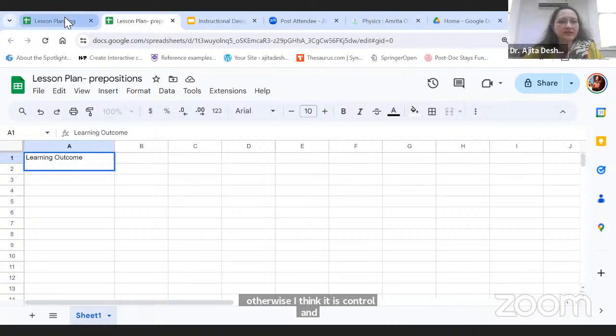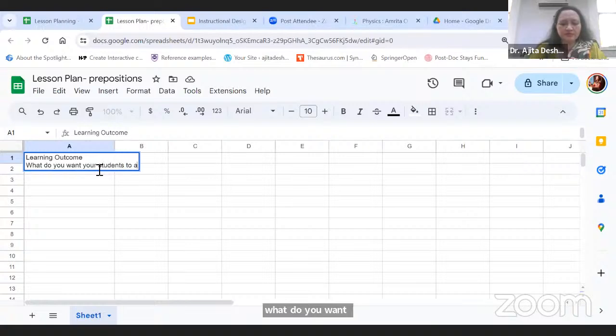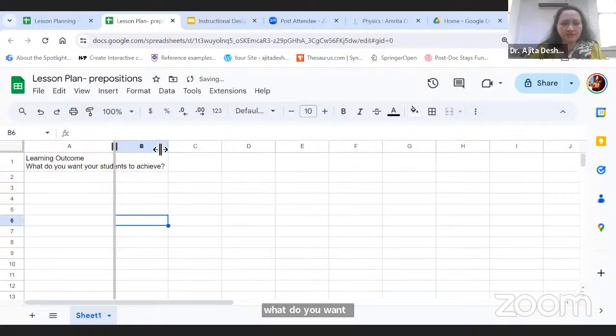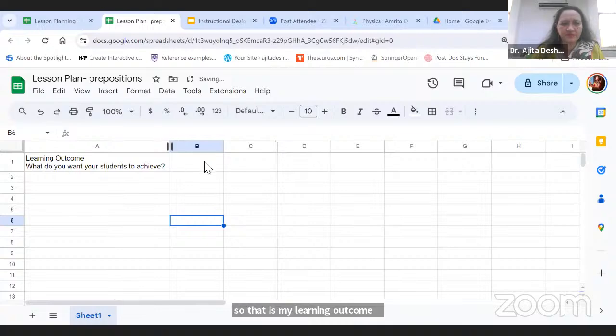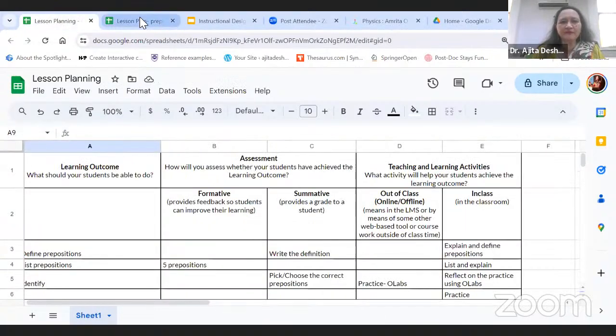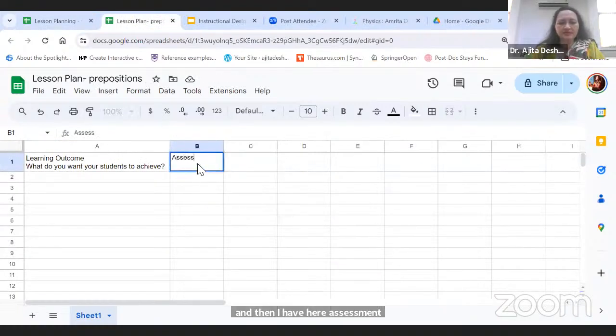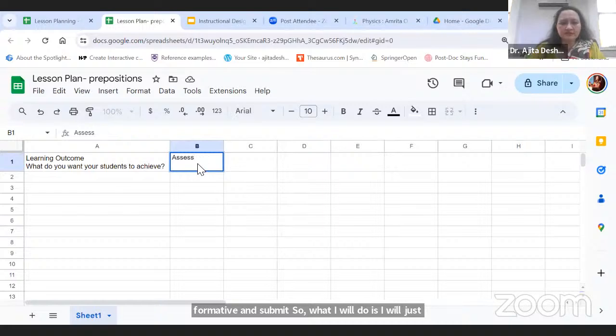And then what do you want your students to achieve? So that is my learning outcome. That is my first. And then I have here assessment, formative and summative. So I'll just put assessment first here. Then I'll put formative here.